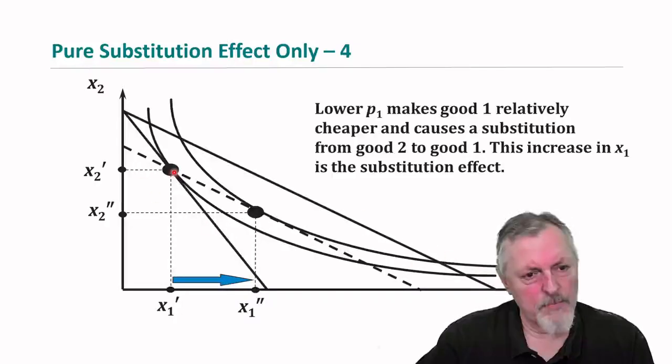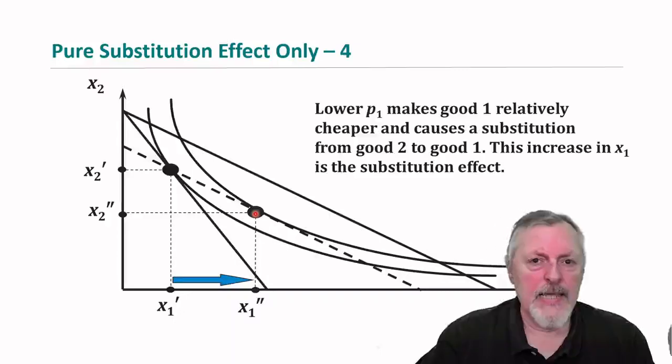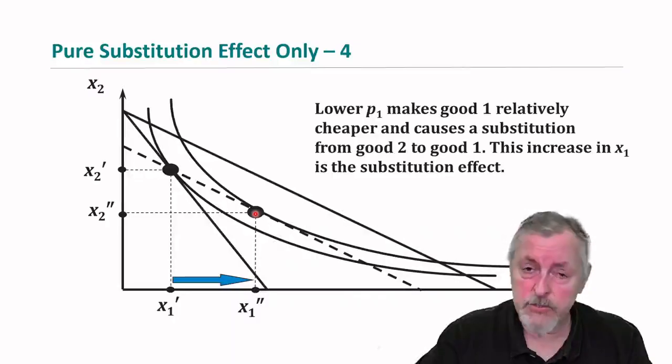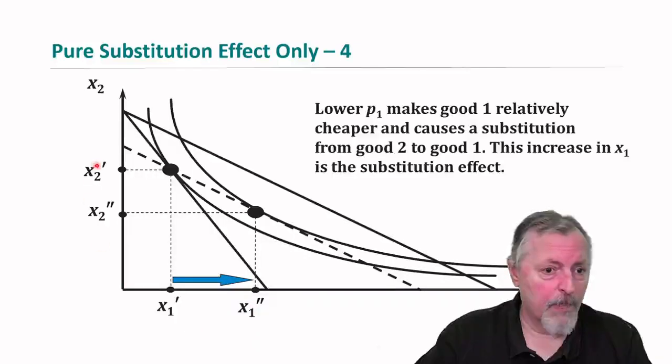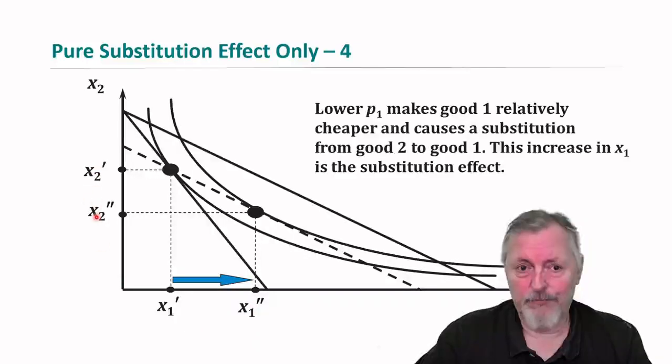This change from this bundle to this one is the reallocation change you made only due to the change in relative prices, the slope. The substitution effect caused you to buy more of thing 1 and less of thing 2.